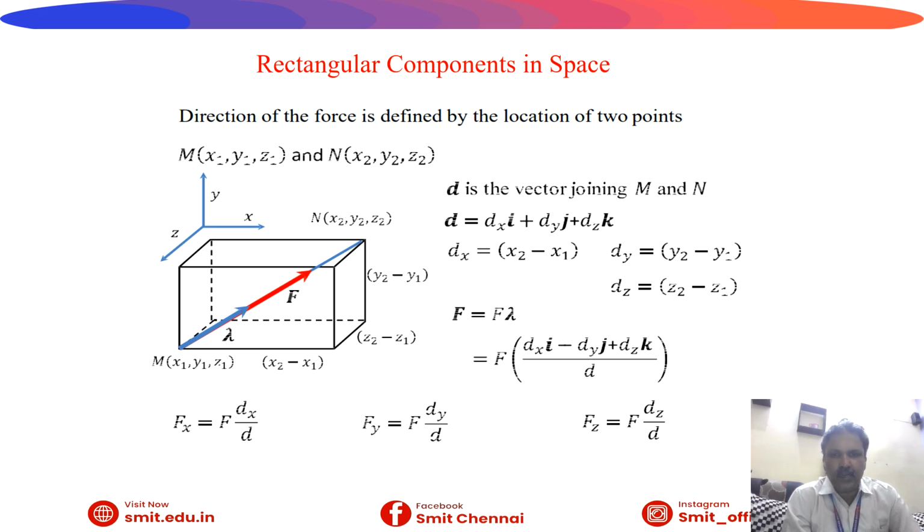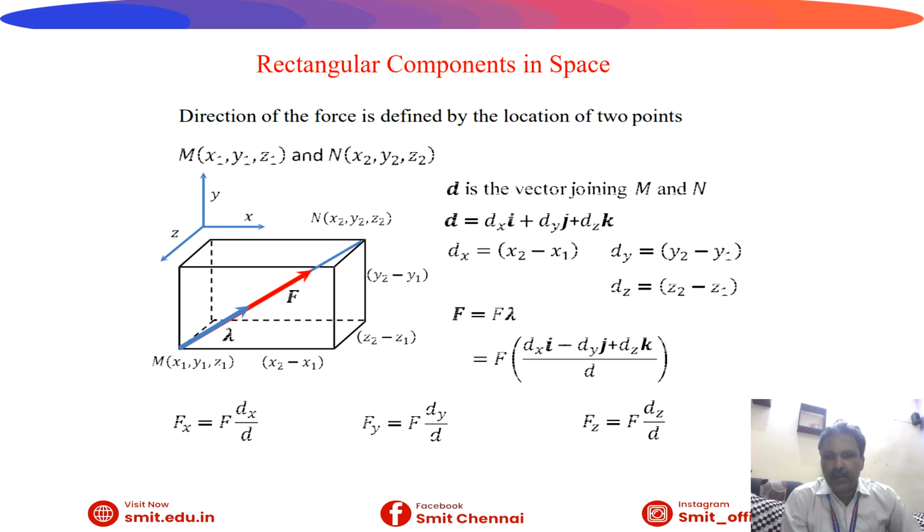We can write in that vector form. What is dx? Already we have seen in the last slide, dx is x2 minus x1. I think in the part 3 video we have seen this, subtracting the coordinates: y2 minus y1 as dy, z2 minus z1 as dz.